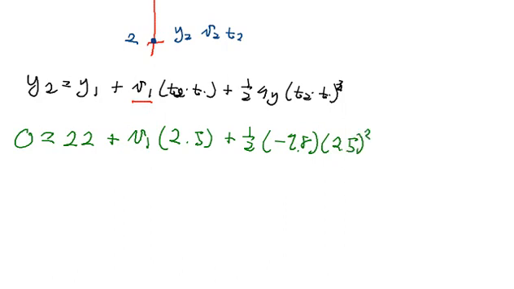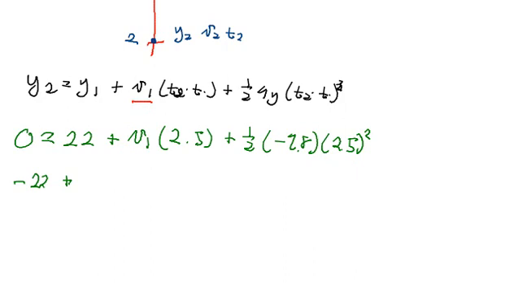So we take the 22 to the left-hand side, minus 22, and then we add to it the numbers that are on the right-hand side. So we have 2.5 squared times 9.8 divided by 2.